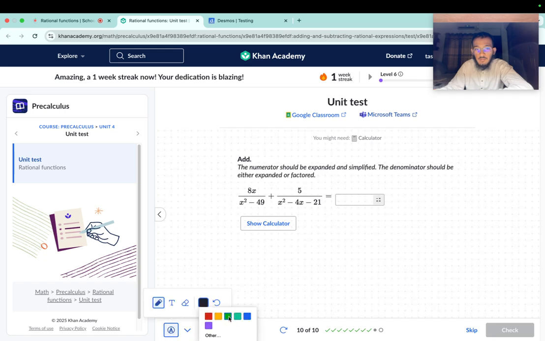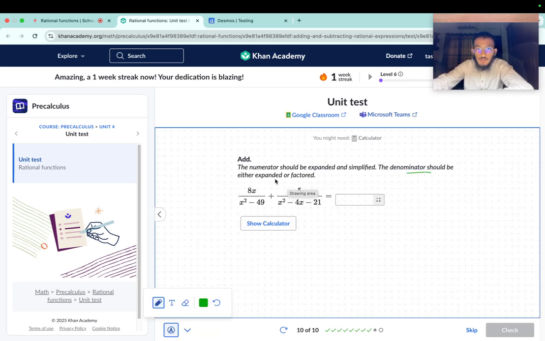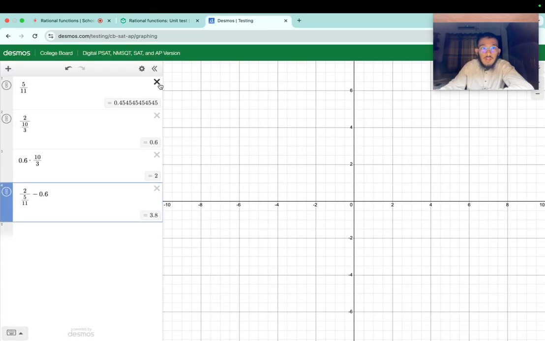Okay, now for the last question. We have the numerator should be expanded and simplified. The denominator should be either expanded or factorized. Okay, so x squared minus 49. We can write 49 as 7 squared. So x squared minus 7 squared is (x plus 7)(x minus 7). And regarding x squared minus 4x minus 21, let's see what it is.